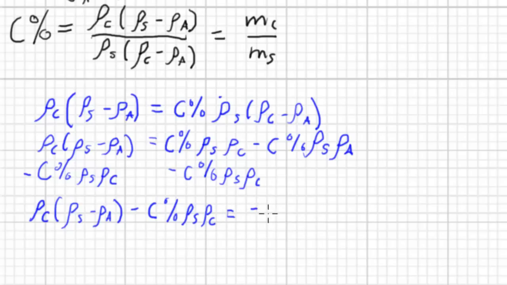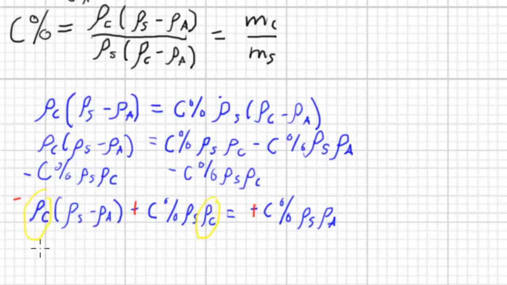And that all equals negative times the crystallinity percent times the density of the sample times the density of the amorphous form. Now we can separate this out from both of the terms on the left side, but also we're going to multiply through by negative 1 so that this becomes negative, this becomes positive, and this becomes positive.